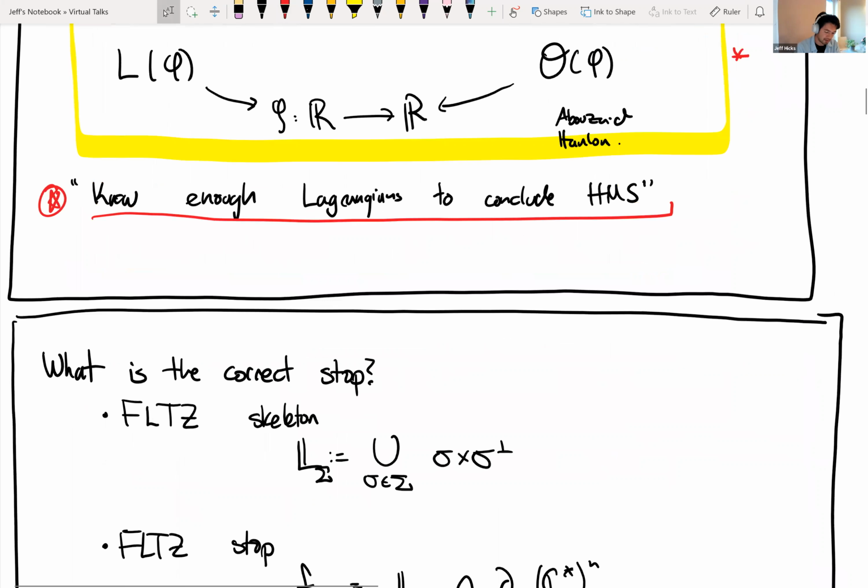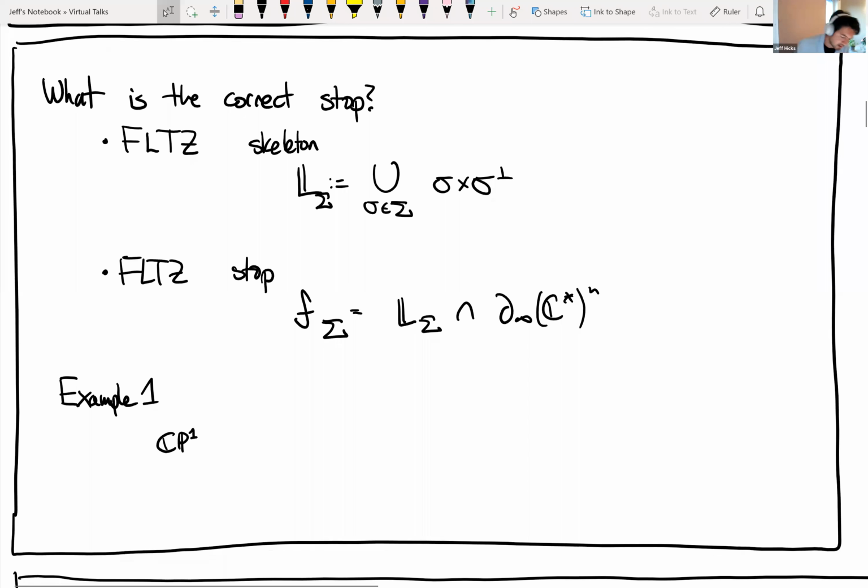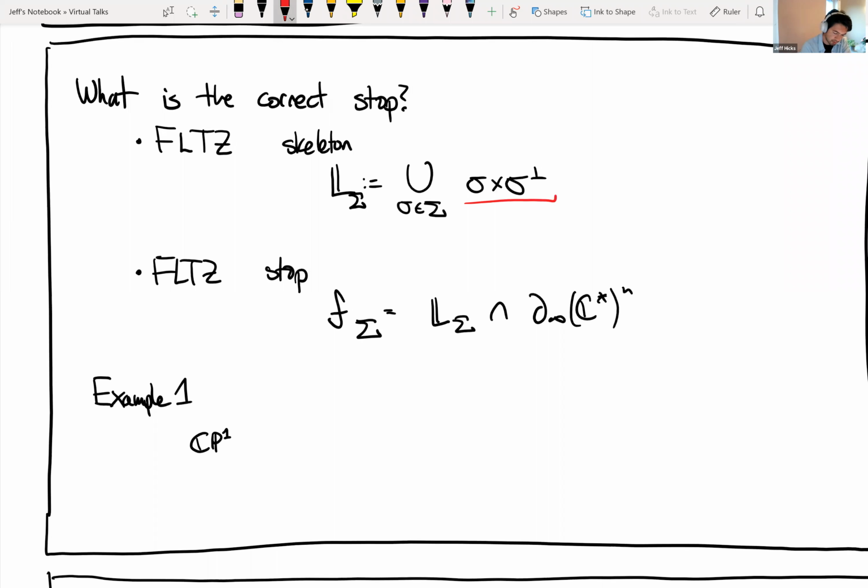So let me describe what this stop is. So the stop that we're using is this FLTZ skeleton, the Fang-Liu-Treumann-Zaslow skeleton. I've written it over here just in terms of the cones of this toric variety.